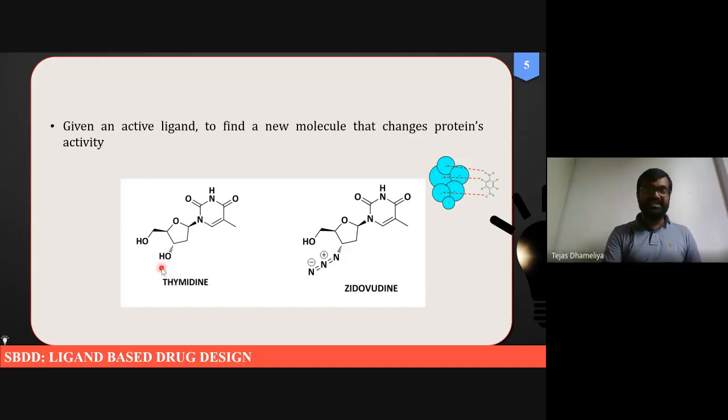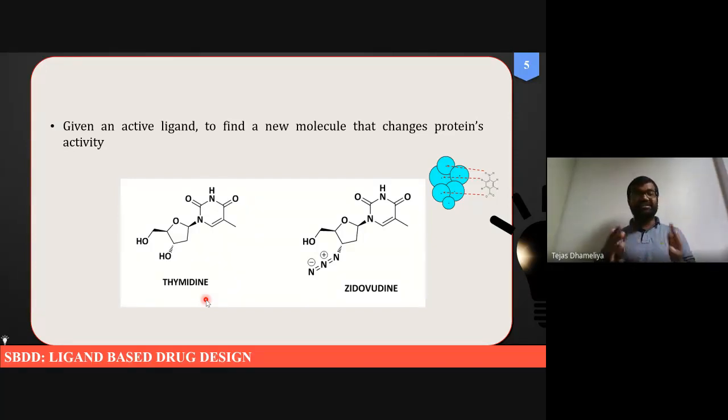Okay, if we know that, then we can create analogs of remdesivir. For example, in the structure of thymidine there was a hydroxyl, so we replace this hydroxyl with azide, N3, and this is basically zidovudine, which acts against HIV, the human immunodeficiency virus, and the activity of zidovudine is far better than thymidine. So this kind of approach is called ligand-based drug design, because here we are not considering the target protein.